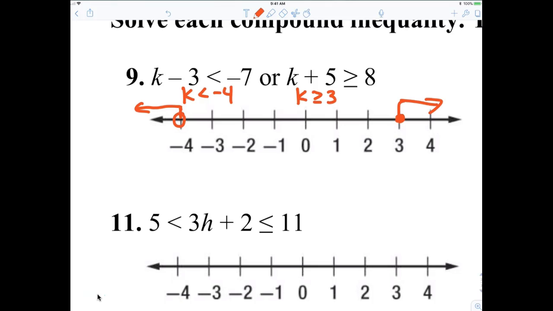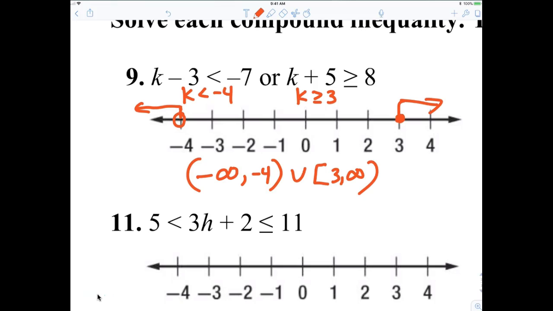Now, the interval notation. Interval notation. Yep. Good. Good. Very easy, guys. Very simple.